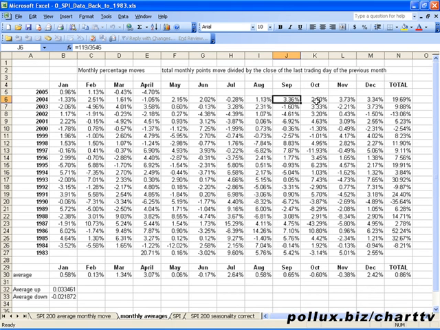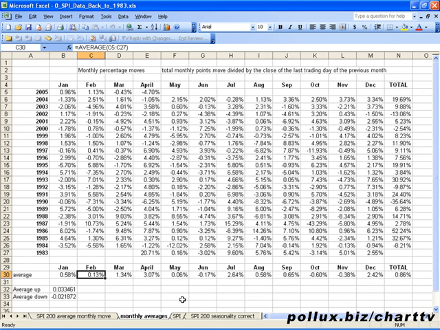Now what I did is I went and calculated these stats for each and every month from April 1983 to April 2005, and I came up with, down the bottom, a tally of the average percentage move. January is 0.58% up on average.